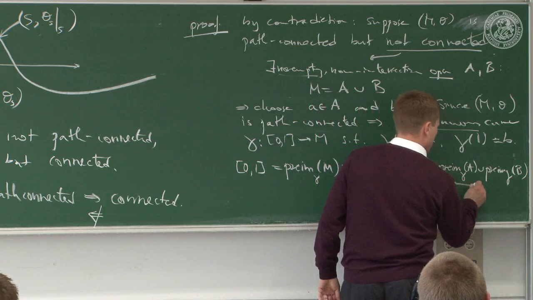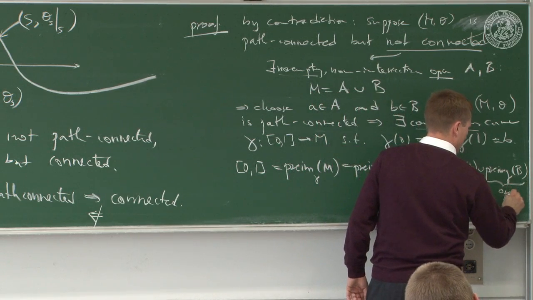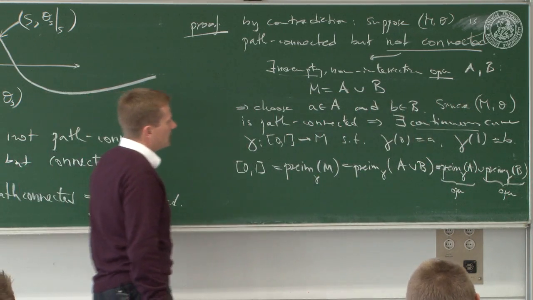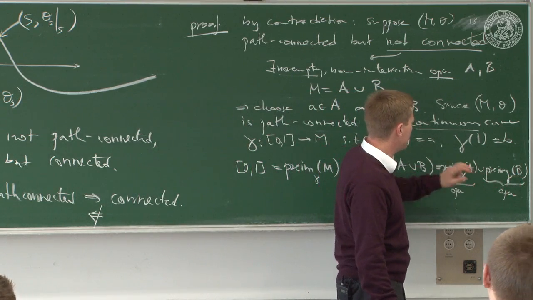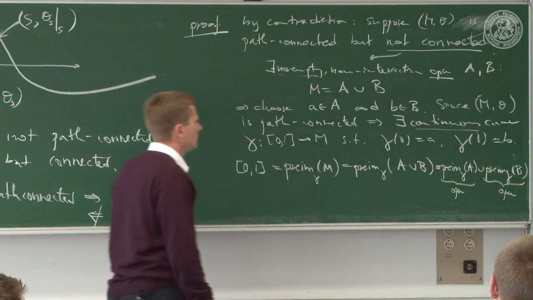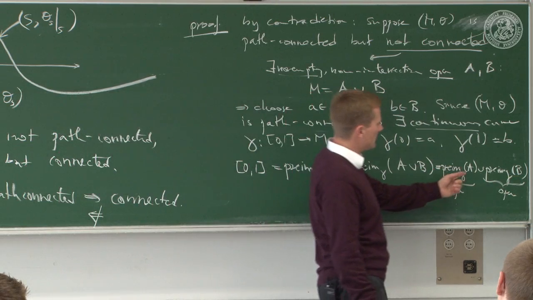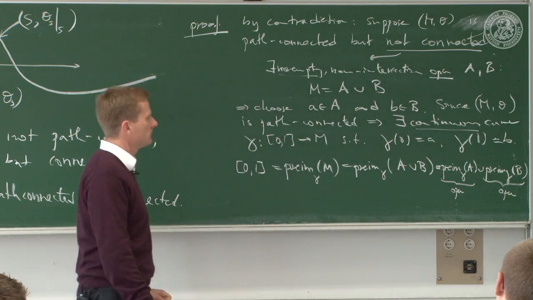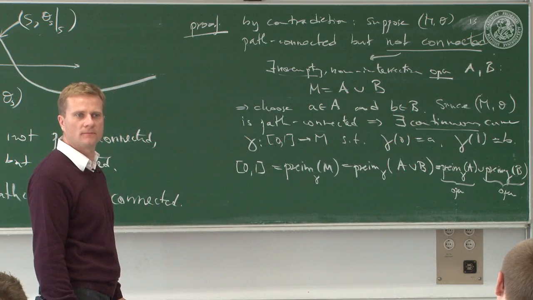So this here is open, and this here is also open. Now, A and B were non-intersecting. Hence, these are also disjoint. Right?